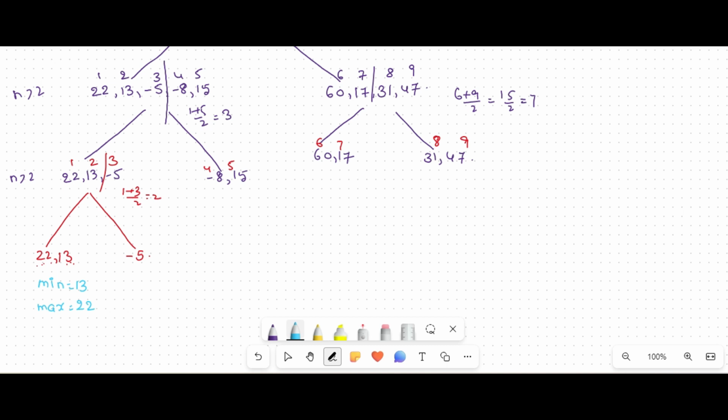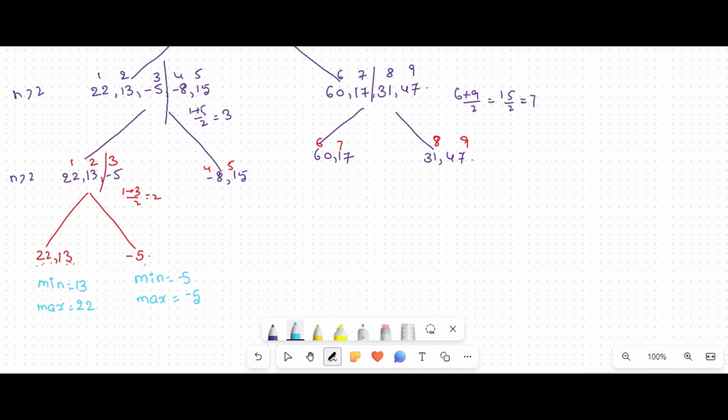Now here only one element is there, so that itself is the minimum element and this is the maximum element. Okay. So now what we have done, so we are finding the solution for the small problem. So sub-problem solution is completed now.